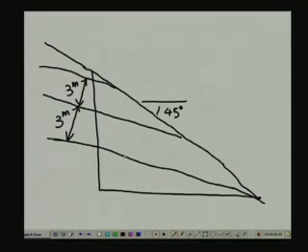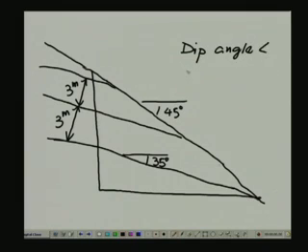Now what we know here is that this angle is 35 degree, and the dip angle of the joint is lower than the frictional strength. Dip angle is smaller than the friction angle.